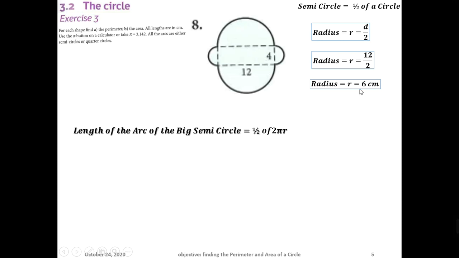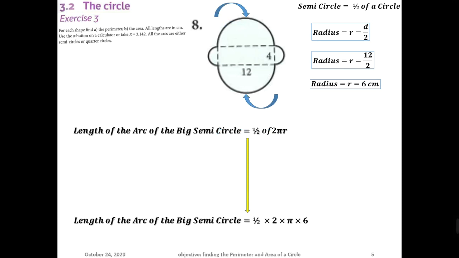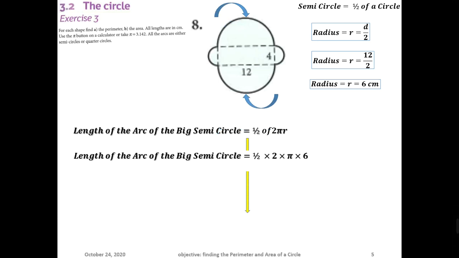Now, let's substitute r, which is 6, in the general formula. And it will be half times 2 times pi times 6 as following. And if you write the answer in terms of pi, half times 2 is 1. 1 times 6 is 6, so it's 6 pi centimeter.